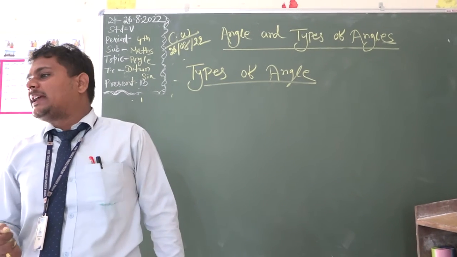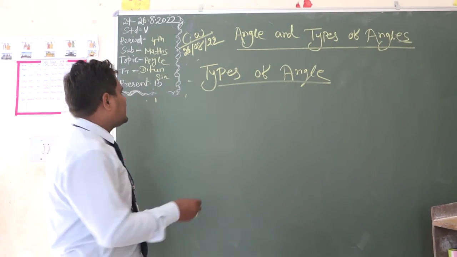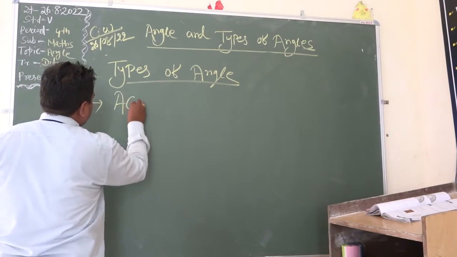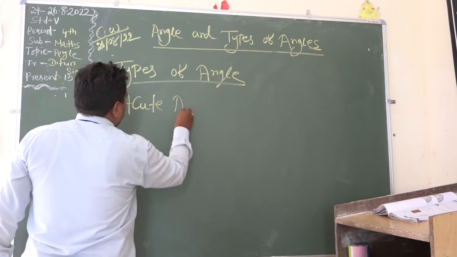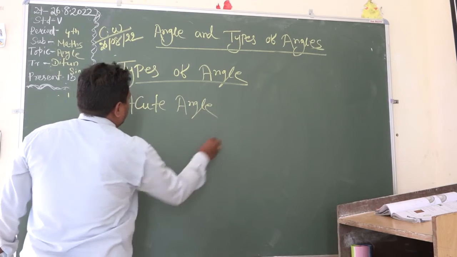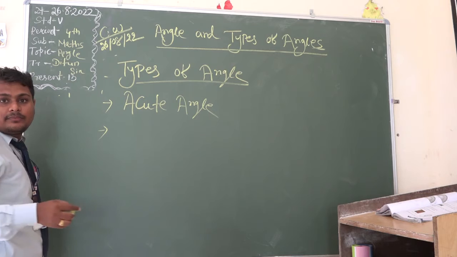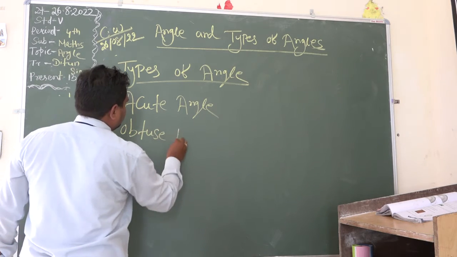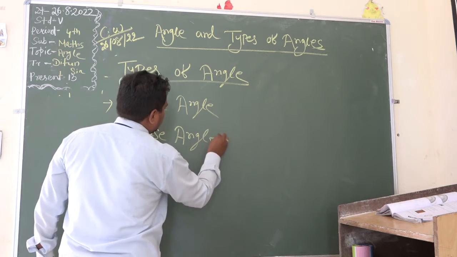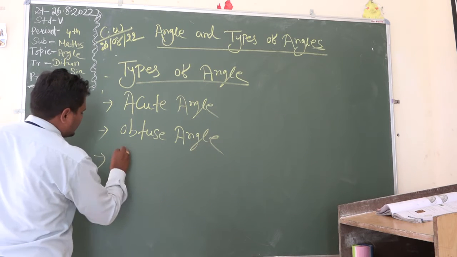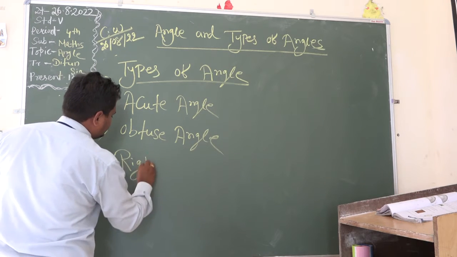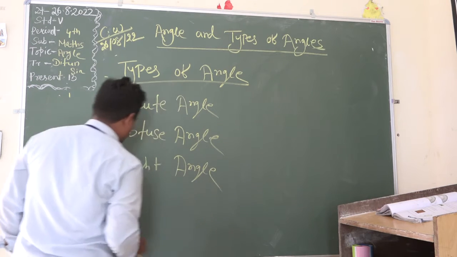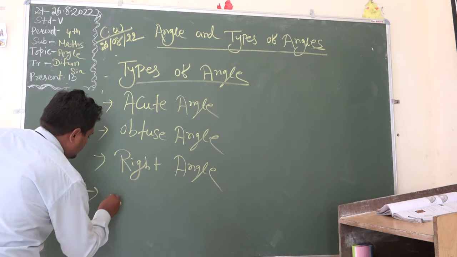What are the names of those angles? The first is the acute angle. Next? Obtuse angle. Very good. Right angle. Very good. Right angle and straight angle. Then we will write this.